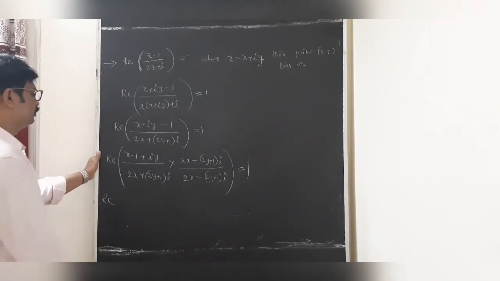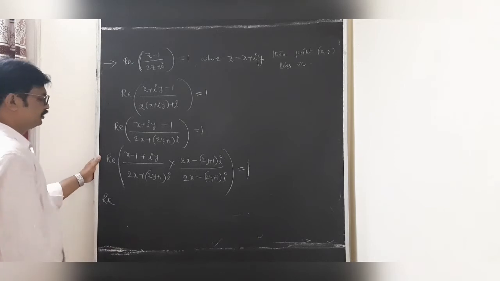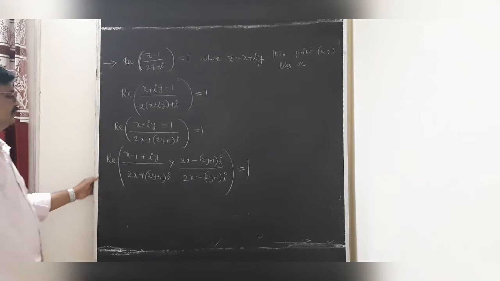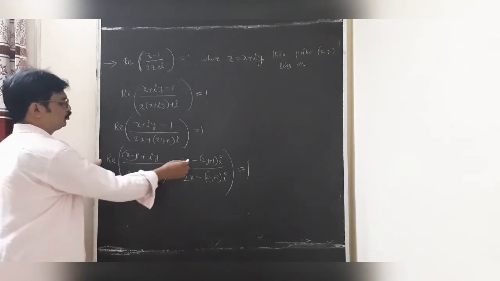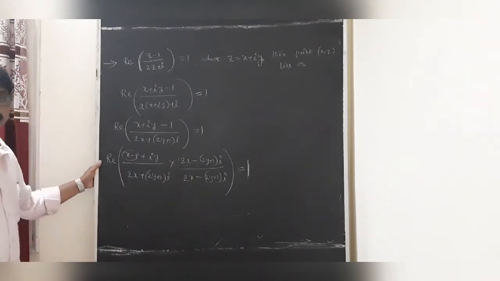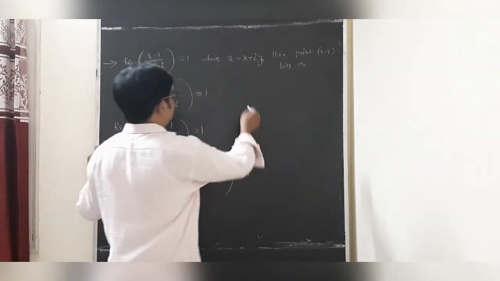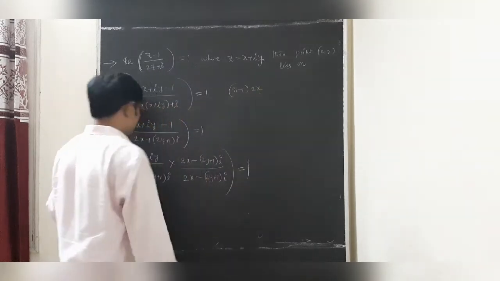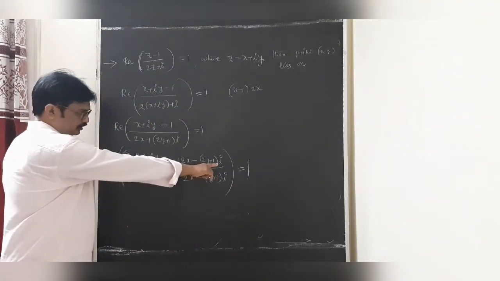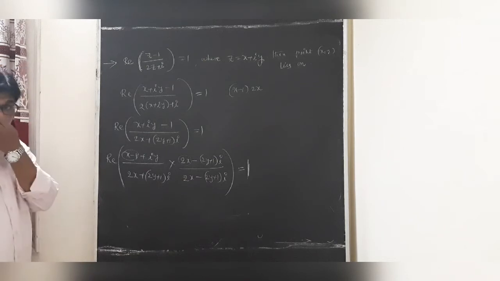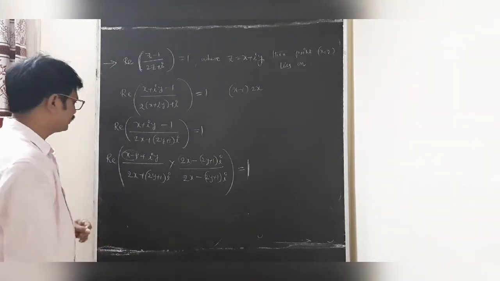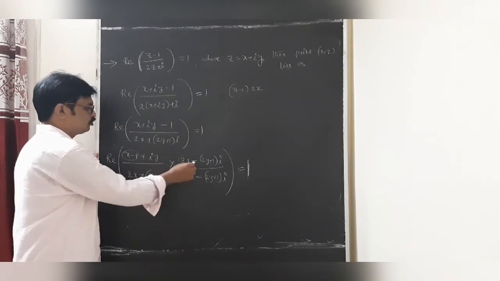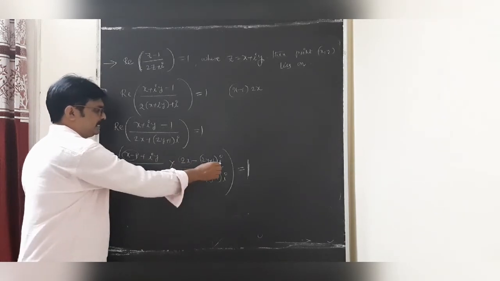What is the real part here? Directly, students, x minus 1 into 2x is undoubtedly the real part. Suppose x minus 1 into this i, that is the imaginary part. We are taking only the real part. After that, students, iy into 2x is the imaginary part. Plus into minus, minus, i into i square.